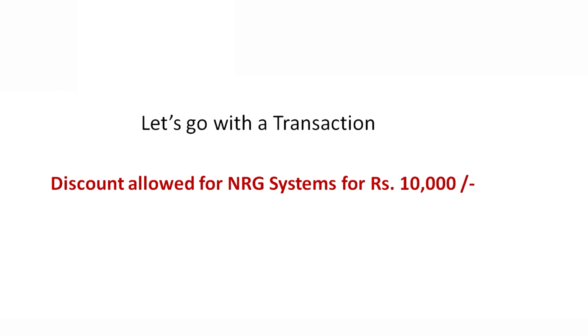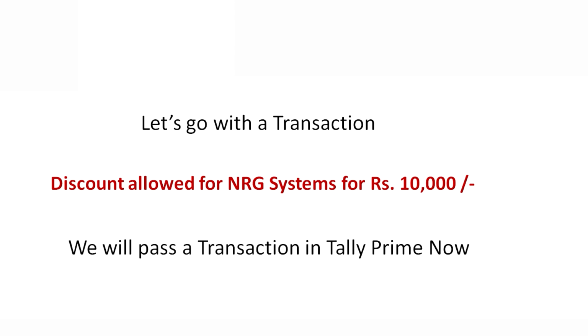So now we are allowing a discount for the same. So if you are allowing a discount for your customers or you are receiving a discount from your suppliers, we use a journal voucher itself to adjust your reports. So we'll see the transaction, how to pass it in Tally Prime.